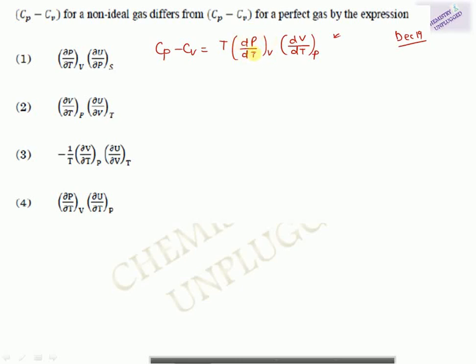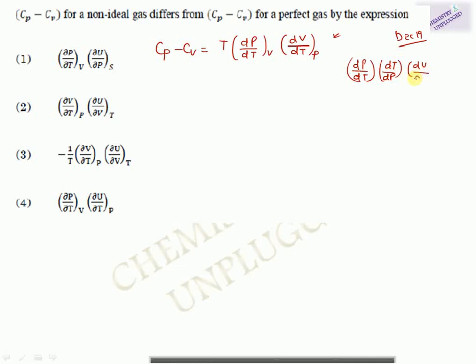So I will tell you another form of this equation here also. For conversion to another form, you can convert this dP over dT in the form of dV over dT and dT over dP. How will you convert it? You can use the cyclic equation.